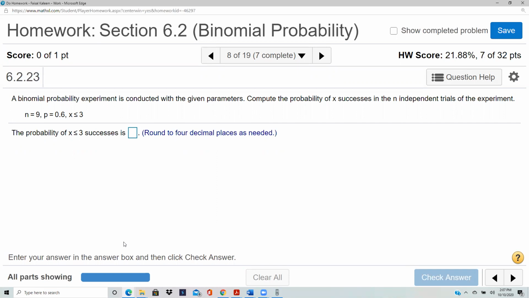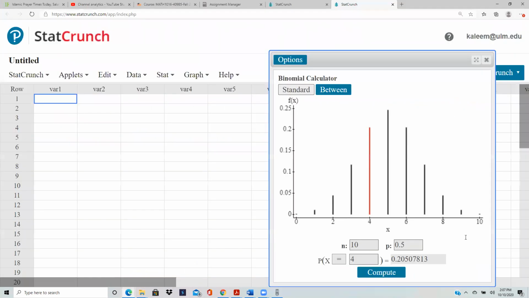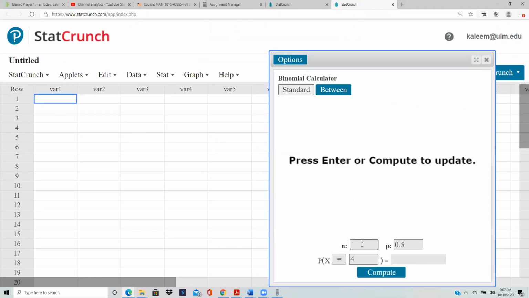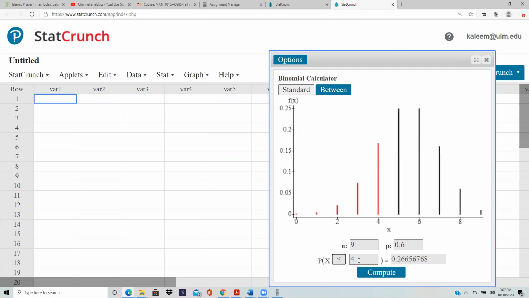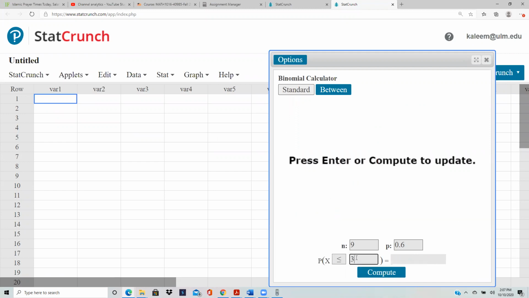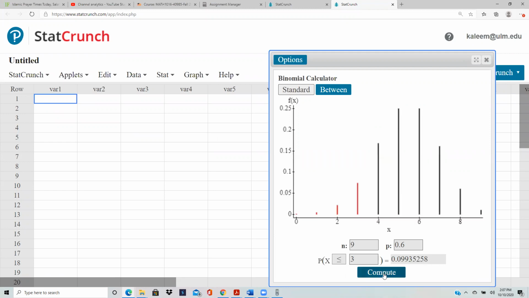So let's change that to 9, 0.6, and change this to less than or equal to 3. So 0.0994.